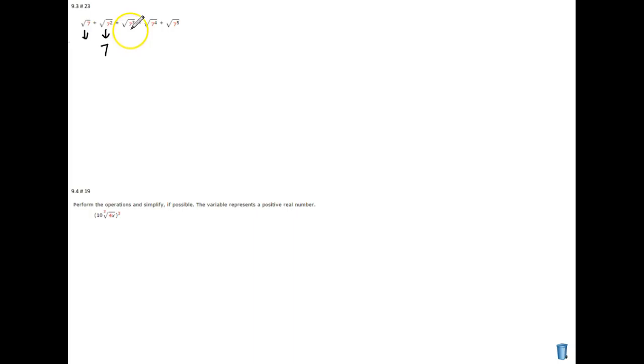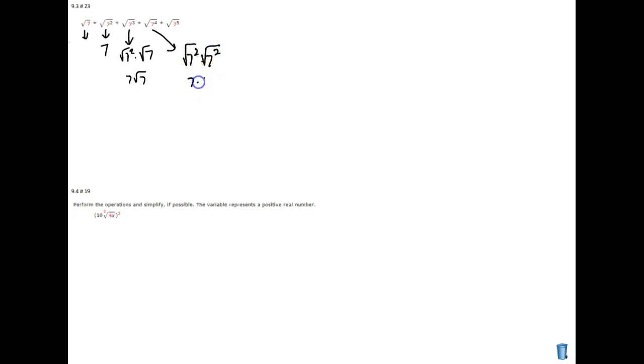So square root of 7 to the third, we can think of this as the square root of 7 squared times the square root of 7, which becomes 7 times the square root of 7. For 7 to the fourth, again, we've got 7 squared times 7 squared, and we're taking the square root of those.